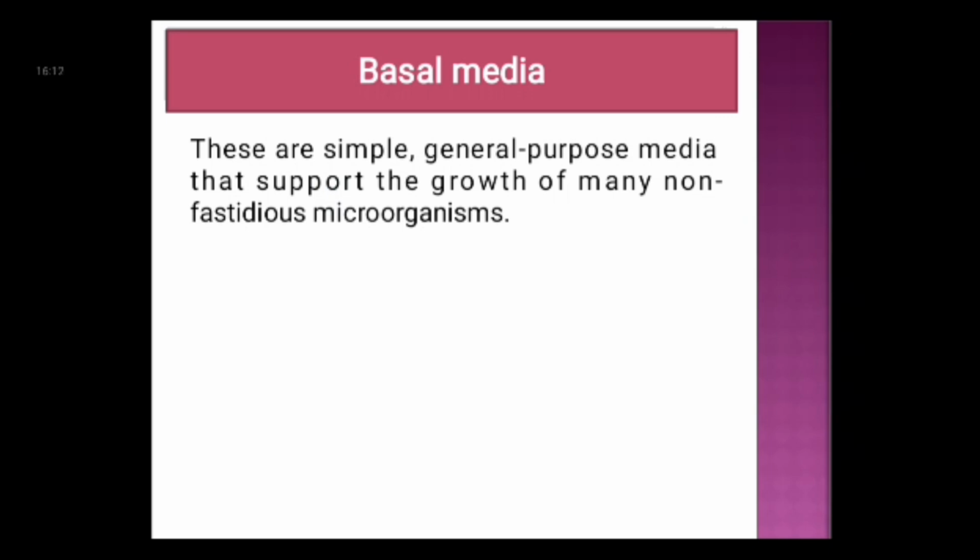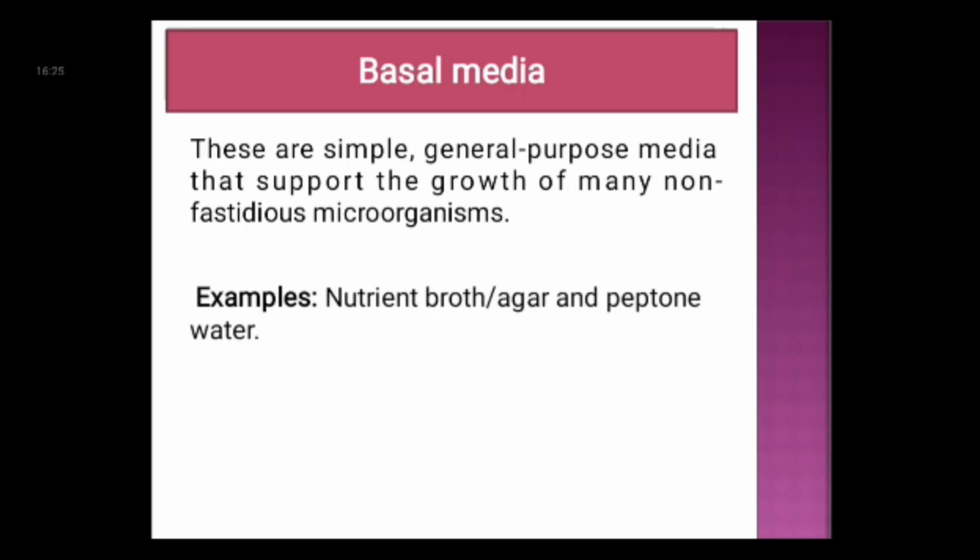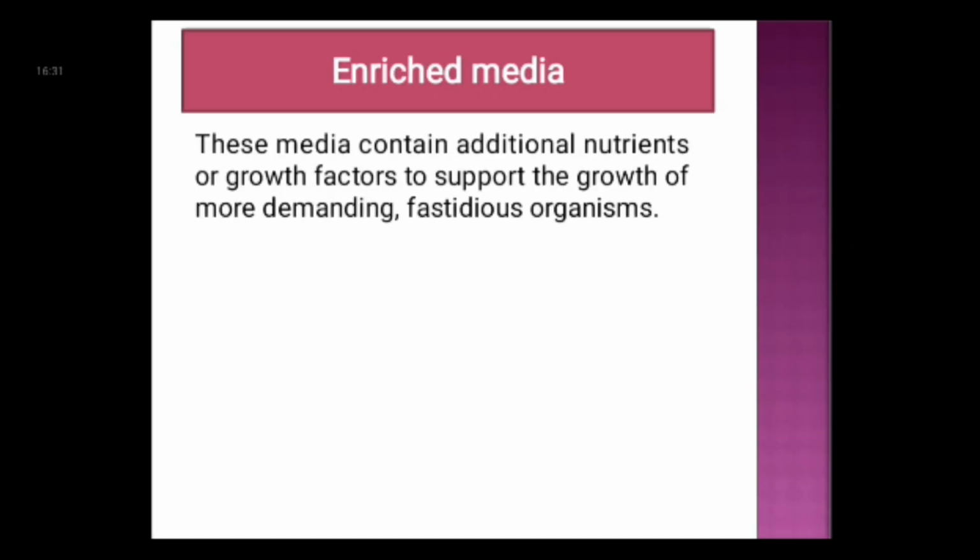So what is non-fastidious microorganism? Non-fastidious microorganisms are those that have no specific nutritional or environmental requirements to grow and reproduce. Examples include nutrient broth or agar and peptone water. Next is enriched media. These media contain additional nutrients or growth factors to support the growth of more demanding fastidious microorganisms.